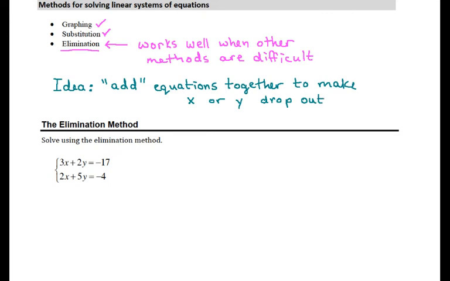So if we look at this example that we have down here, 3x plus 2y equals negative 17, 2x plus 5y equals negative 4, the first thing we want to do is pick a variable to eliminate. In this case, x and y are about equally difficult. So I'm going to just arbitrarily choose y. So y is the variable that I'm going to target for elimination.